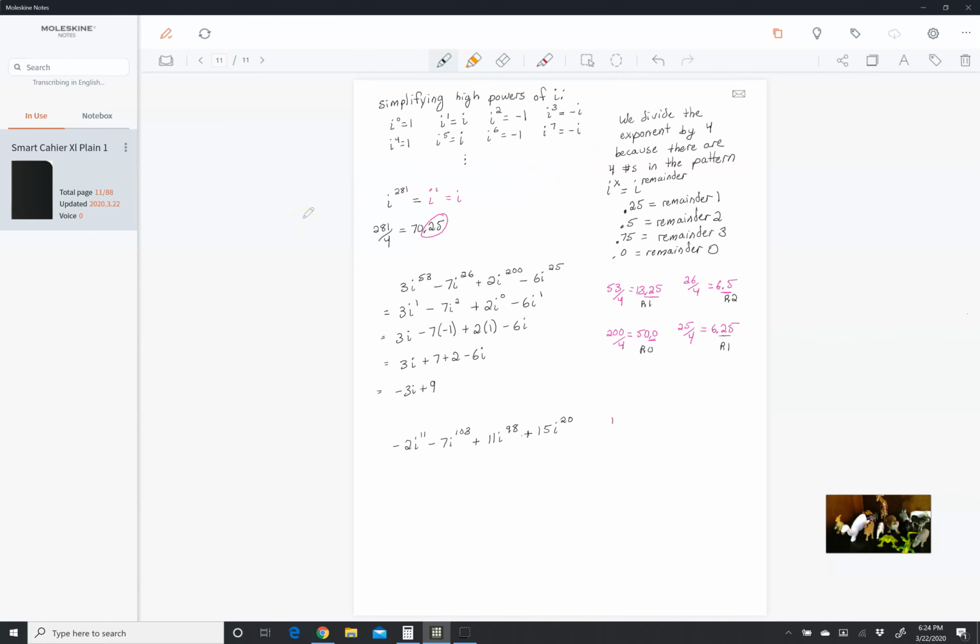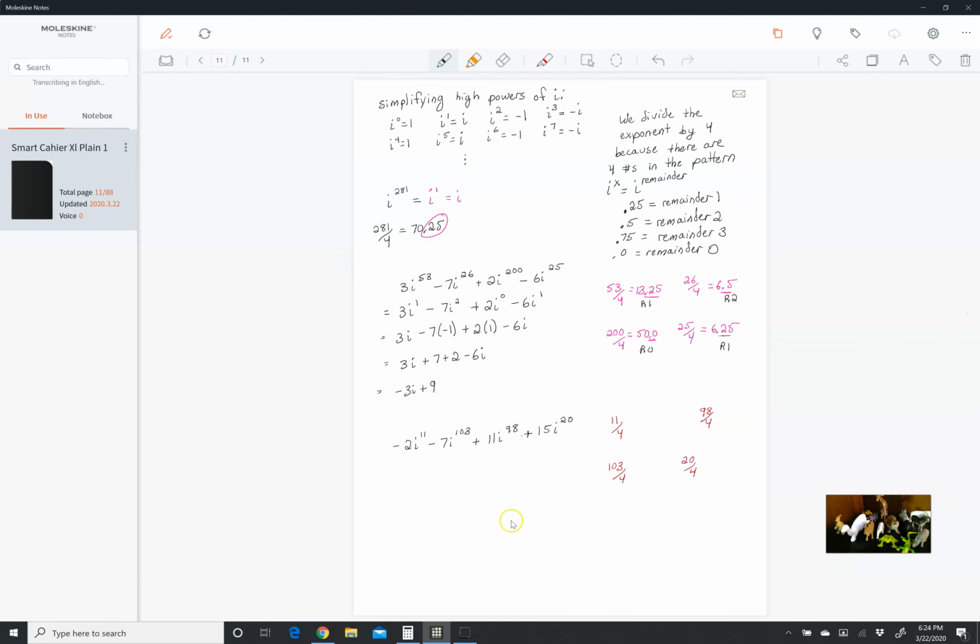So again, all we have to do is take each of these exponents and divide by 4. So we have 11 over 4, 103 divided by 4, 98 divided by 4, and 20 divided by 4.